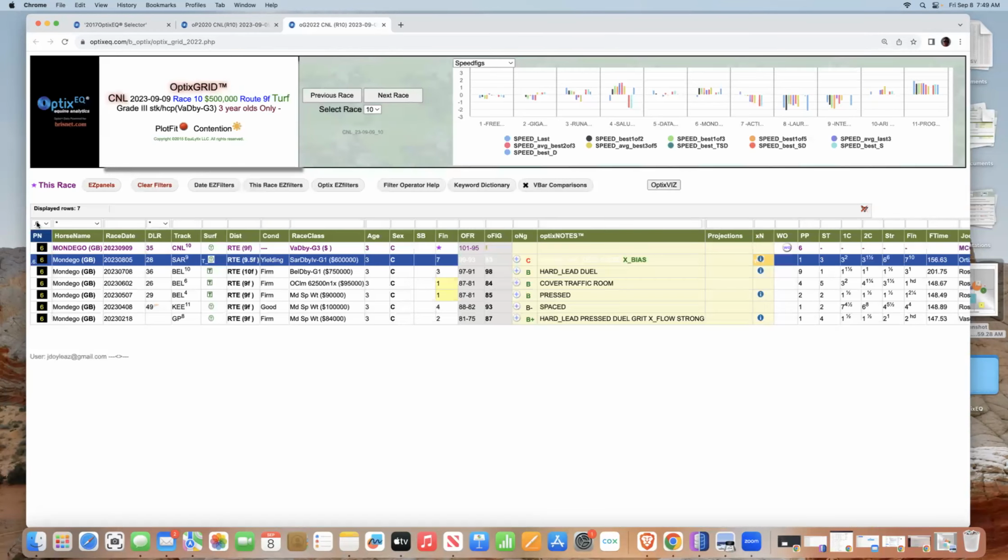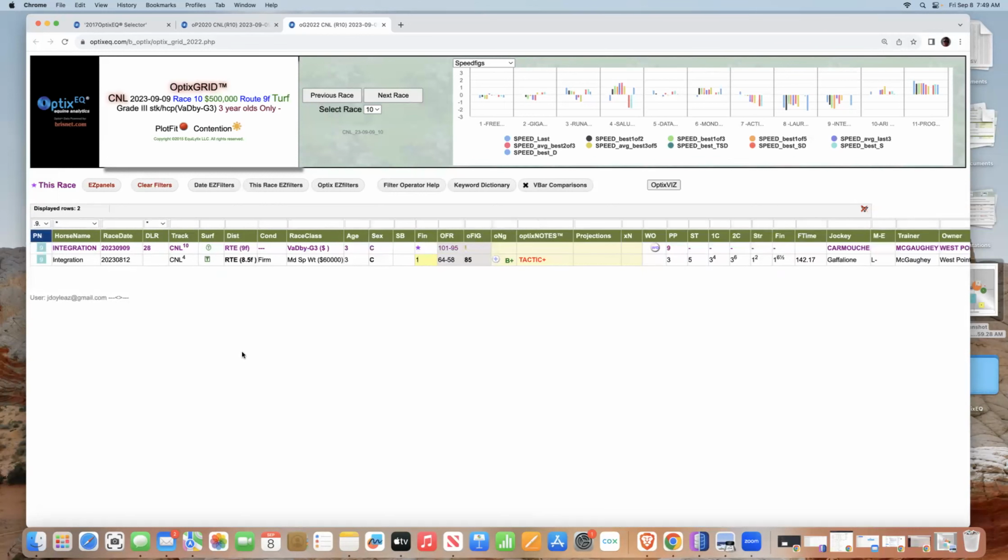The 9, he's going to be kind of a presser kind of horse, but he's only got the 1 win. It was a B+. It was at Colonial Downs, though, not at Saratoga. So that's kind of a major class issue. And then he had a really good trip on the way to that. So he does square out. But, I mean, he was running against nobody. Look at the OptixEQ range.